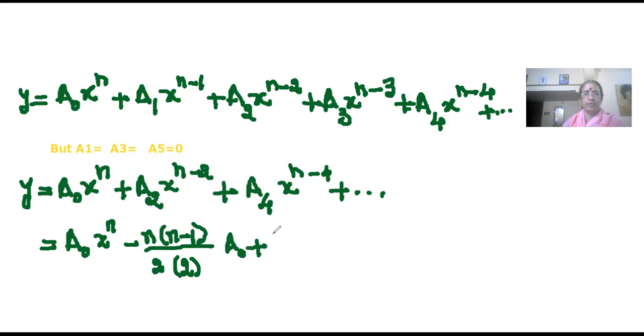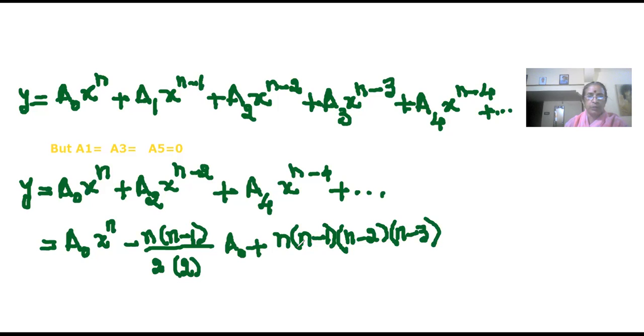Plus, what is A4? Once again, we will get 4 terms. What are they? N into n minus 1 into n minus 2 into n minus 3 whole divided by 2 square into 2 into 4 times A naught.